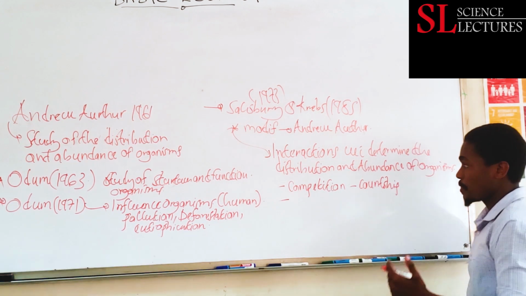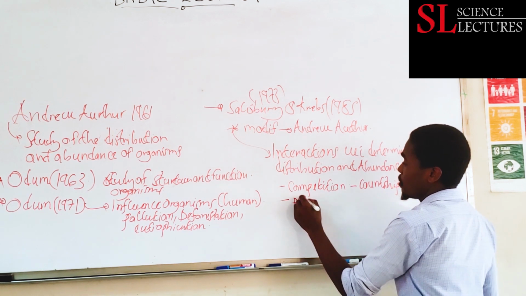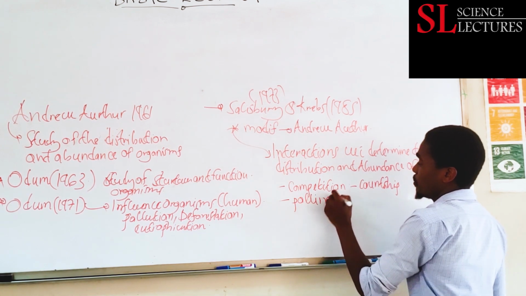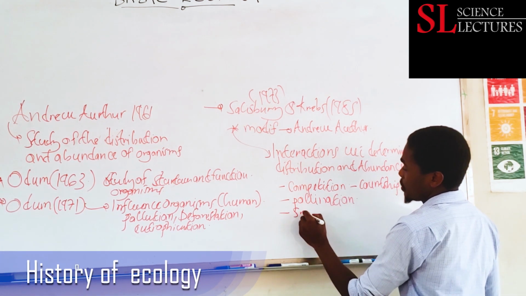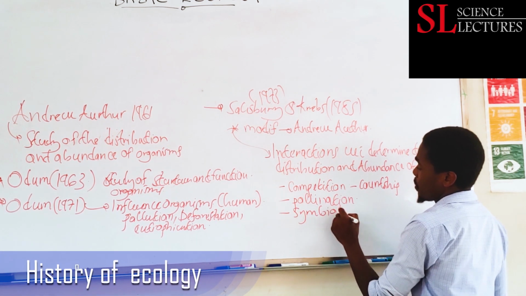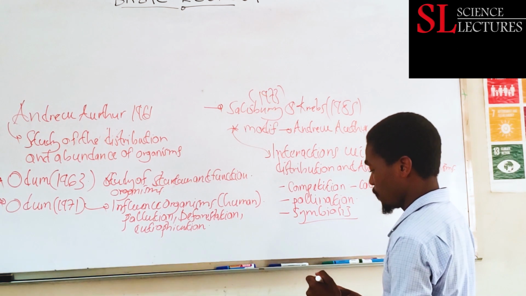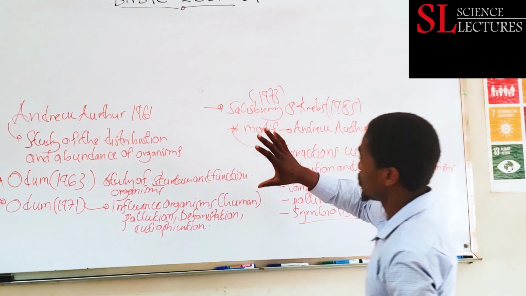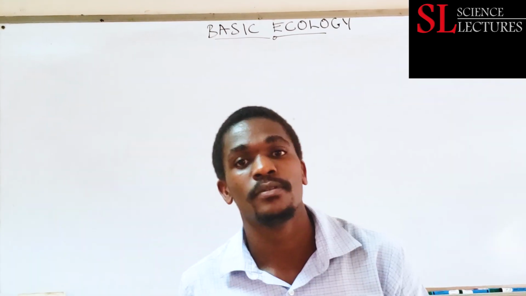Then things like pollination, and symbiosis. A variety of things are included in the interactions. So basically, this is the history of ecology.